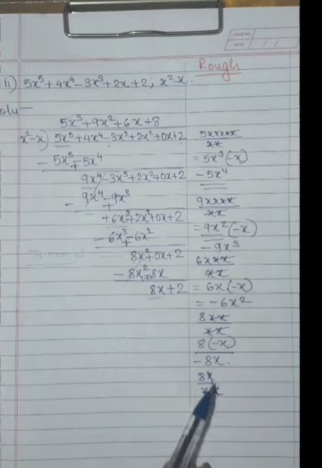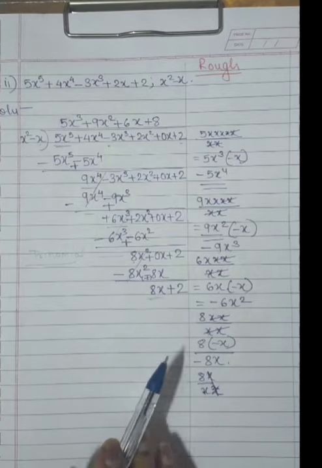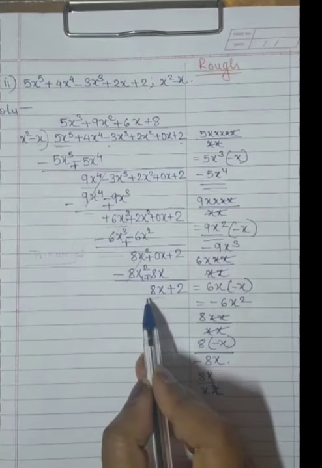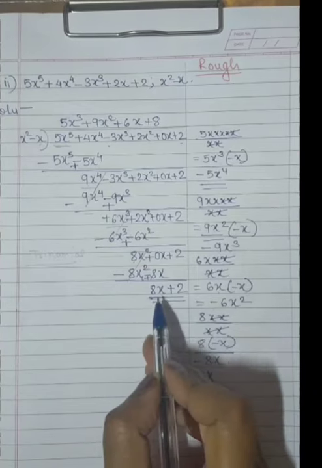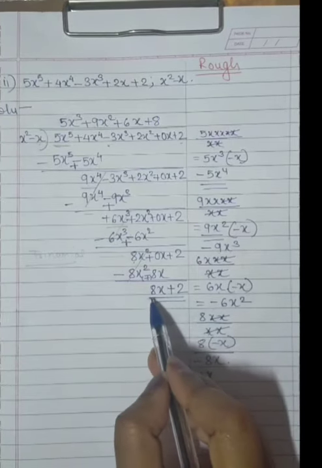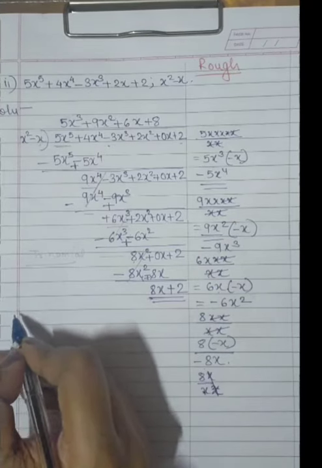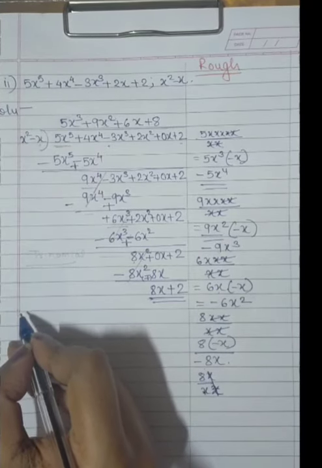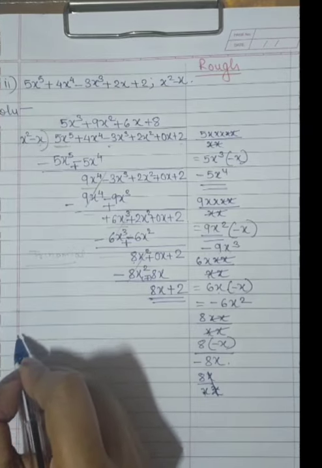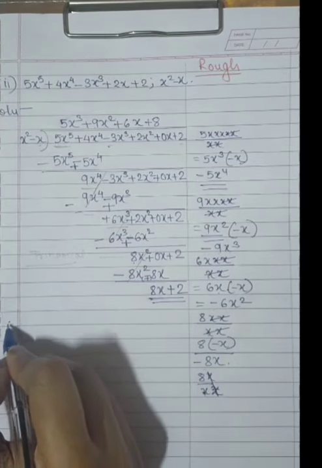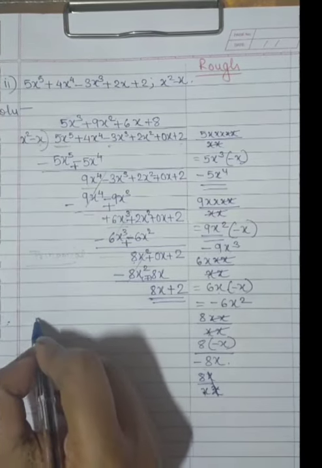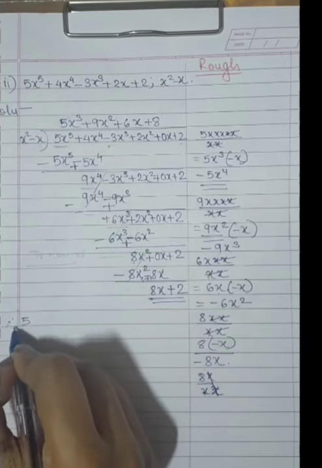So we are not going for further division. So here we got the remainder as 8x plus 2. So I am writing the answer here. So here the answer is, first will become the dividend, that is, therefore the answer is 5x.